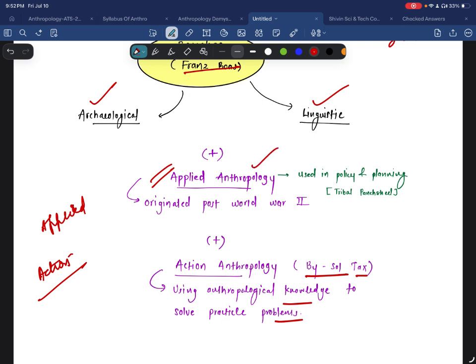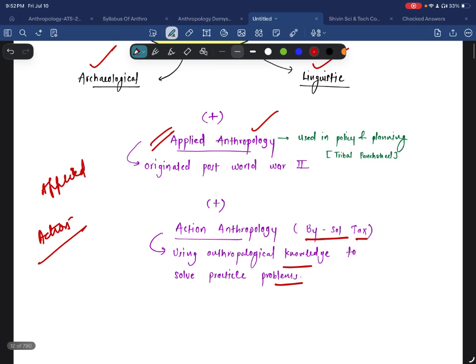So it is more or like applied. But when that policy or planning I have implemented it on the ground, meaning I am bringing it to the field, that will be called action anthropology.